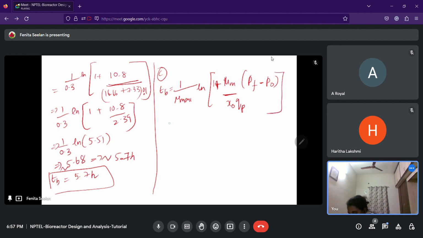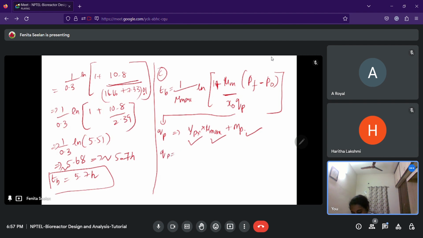We can calculate QP using the yield with respect to product multiplied by your maximum specific growth rate plus your MP. Your MP is already given. This is also given. So we can calculate QP.